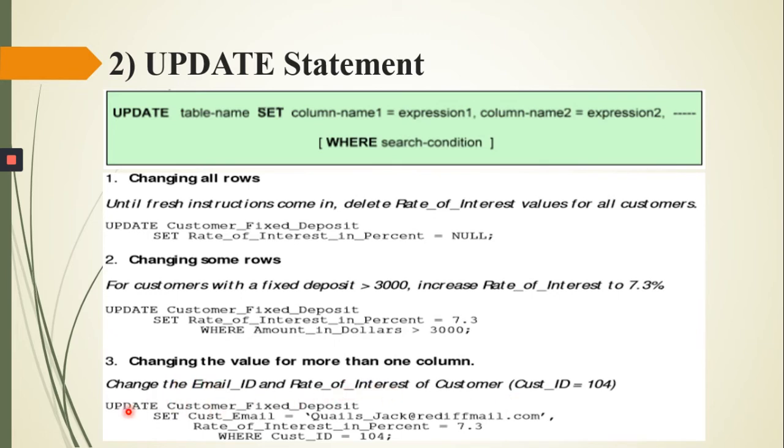So update customer fixed deposit set customer email is equal to the new email address, which we provide in single quotes, rate of interest in percentage is equal to 7.3, where customer ID is equal to 104. So the customer having customer ID 104, whose data will be changed. This is the concept of the update statement.